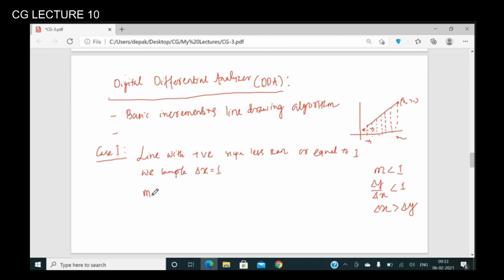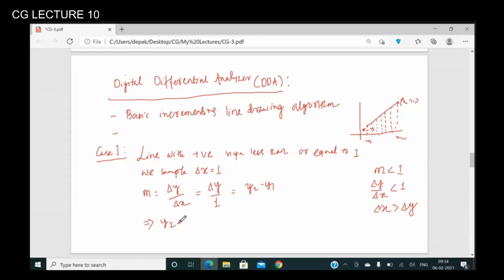So what is m? m is equal to del y by del x. We'll see with one example. I'm just now explaining the steps required for the different cases, but when we solve the problem, you will easily understand what I'm saying. So del y by del x, with del x equal to 1, del y is y2 minus y1, so y2 minus y1 is equal to m.